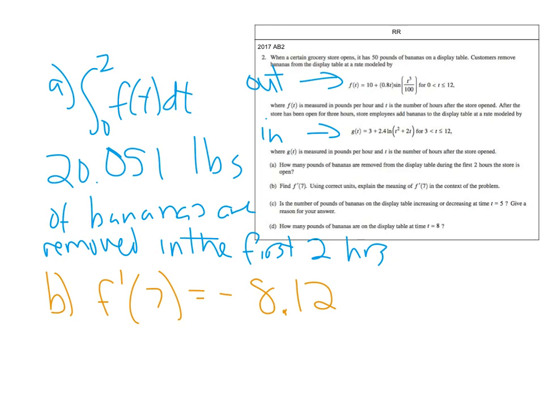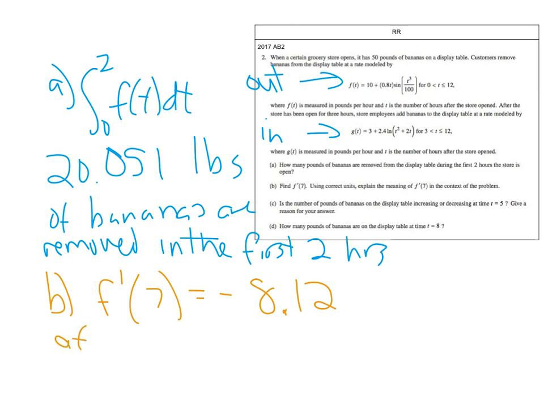And then using correct units, explain the meaning of f prime in the context of the problem. So f of t is the rate at which the bananas are removed. That means f prime is the rate of the rate. So that's talking about increasing, decreasing of that rate. So let's see, 7 is how many hours the store has been open.